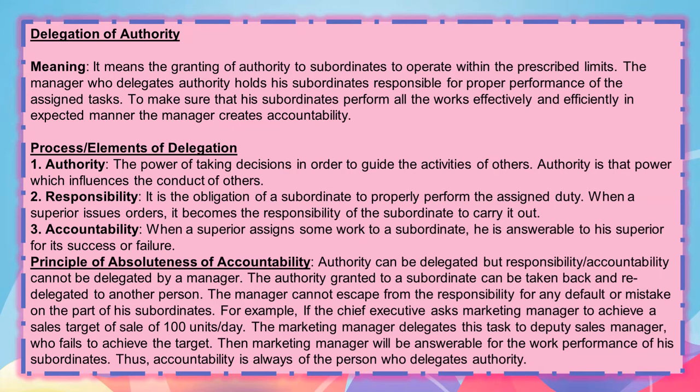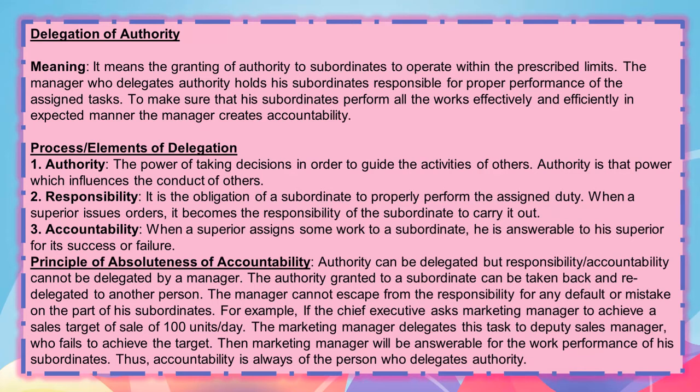So there are three elements involved in delegation. One is authority, the superior who takes decisions and gives orders. The other is the subordinate who is obliged to his superior. And the superior, while assigning the jobs, has the authority to ask the subordinate about the job, and the subordinate must be answerable to the superior whether it is a failure or success.